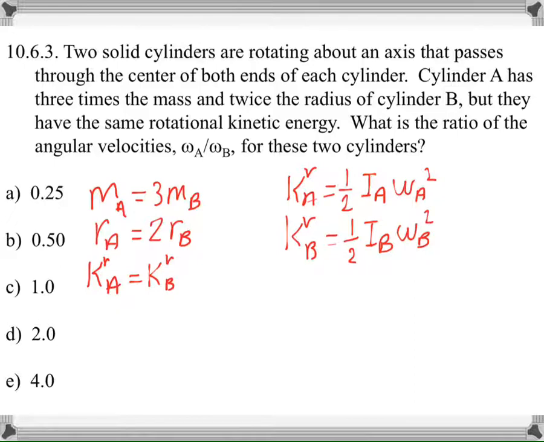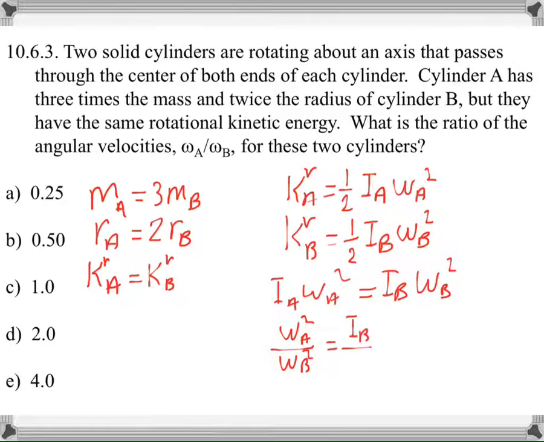It says they have the same rotational kinetic energies, so I can equate them. IA omega A squared is equal to IB omega B squared. So I can take the ratio omega A squared divided by omega B squared, and this ratio will be equal to IB divided by IA, the moment of inertia of these objects.